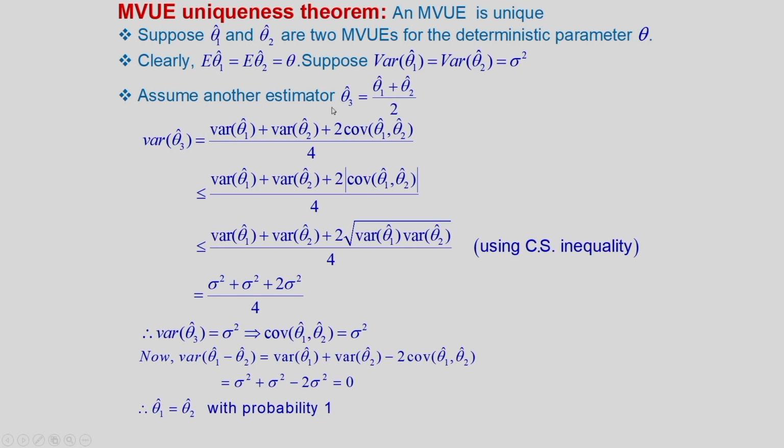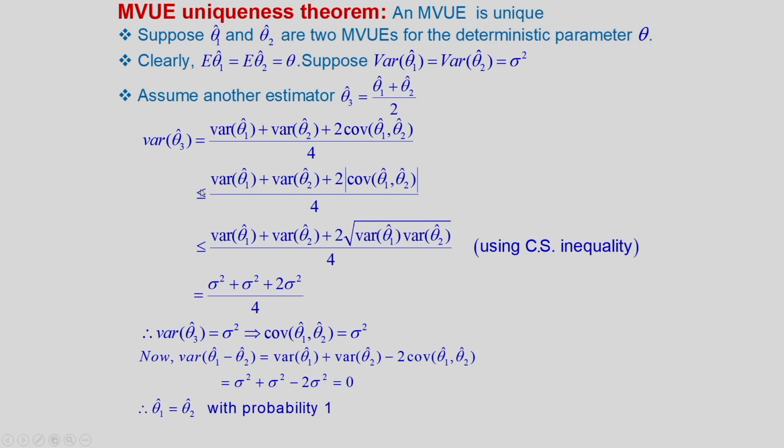Assume another estimator theta 3 hat, which is given by theta 1 hat plus theta 2 hat divided by 2. Then variance of theta 3 hat will be equal to variance of theta 1 hat plus variance of theta 2 hat plus 2 times covariance of theta 1 hat, theta 2 hat, whole thing divided by 4.